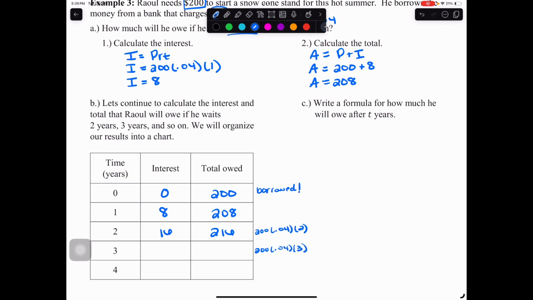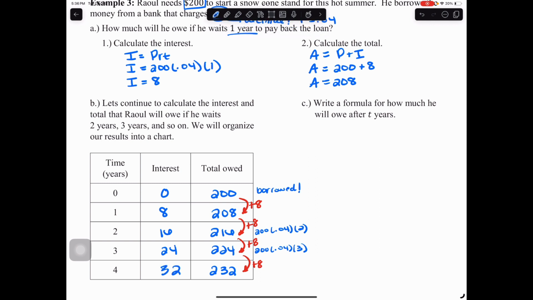And I would see that it's $24 and 224 as the total. Because this is simple interest, what you'll see is we are just adding 8 every year. So I can figure out the next one by just adding 8. Adding 8 to 224 is going to be 232, and I must have paid 32 in interest.